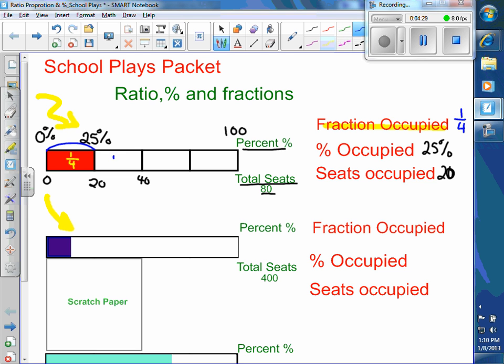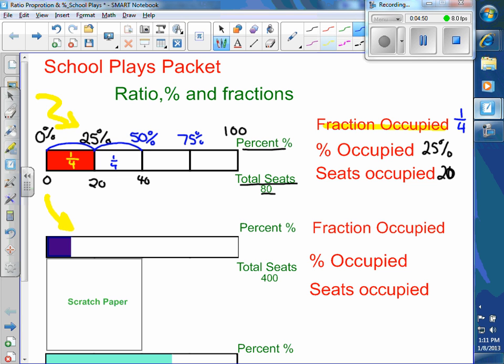Even though each part is 1/4 of it, treat this like a number line, so you do count up like you're asking. This would be 50%, and right here, this would be 75%. So you do count up.